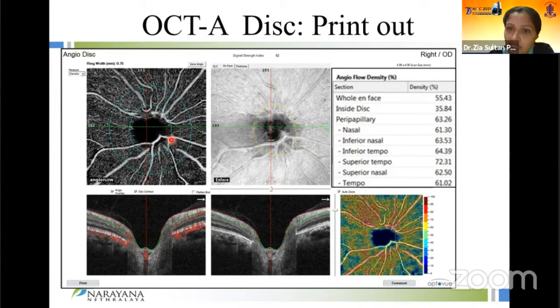It'll calculate the disc on its own and give you the inside disc measurements. The peripapillary area, as mentioned here, has a ring width of 0.75 millimeters. And then it can divide this area into 6 sectors and give you the vessel density for each region. The software can also divide it into 8 segments, but you have to arrange for that within the software.